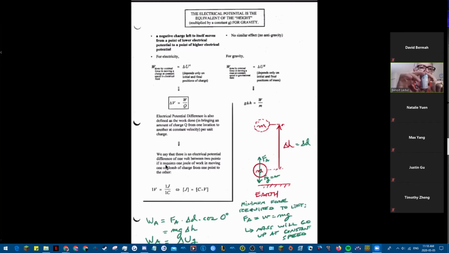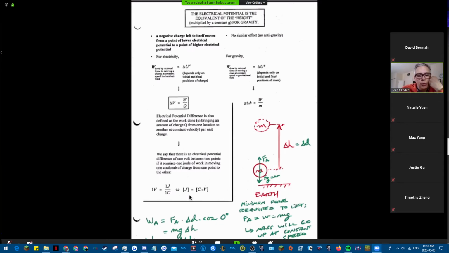Of course, it probably requires a little bit more, but if there was no loss, it would require 1.5 joule. The battery has to expend 1.5 joule of chemical energy in order to raise 1 coulomb of charge from low to high, okay? So that's what it means. So you can see here, the volt is nothing else but joule per coulomb, okay?